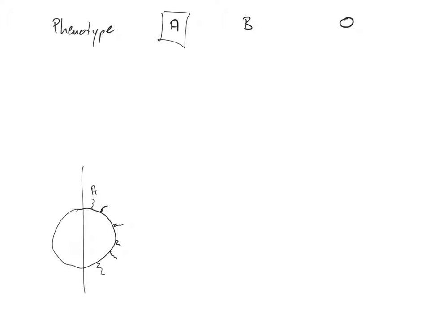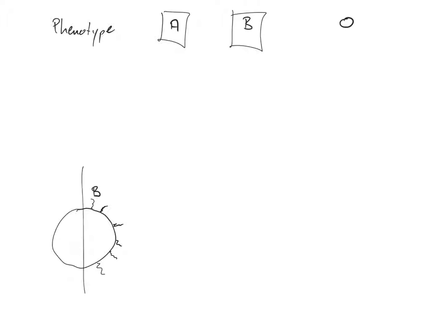Alternatively, we can have a situation where we have blood group B being expressed. That would give us blood group B. Where we have no protein being expressed on any part of the cell, this gives us blood group O. Okay, and hence the reason why blood group O is actually a recessive phenotype.